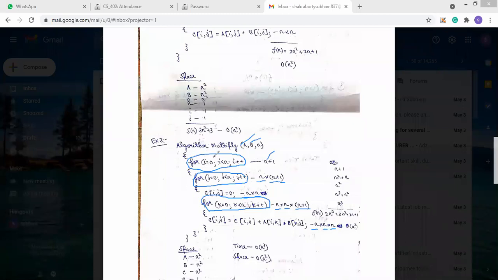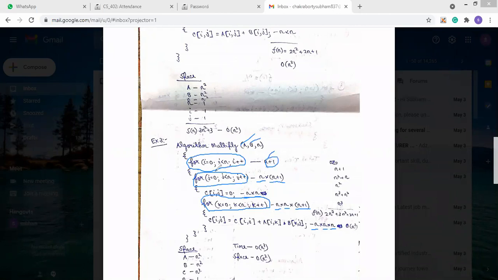First, we are considering this loop. At first, there are 3 loops present. First, we are considering this loop: for I equal to 0, I less than n, I plus plus. So if I is less than n, it will be executed n plus 1 times.